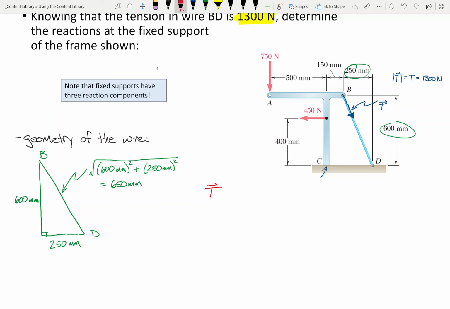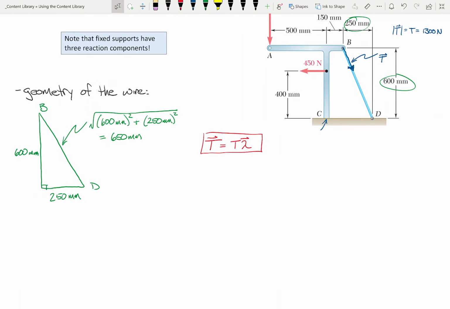The reason why I'm doing this is because I want to get this tensile force in an X and Y component. And so the way that I'm going to do that is I'm going to take the magnitude times the unit vector. I'm basically going to use this format that we've seen in the past. So how am I going to do that? Well, I'm going to take vector BD, from B to D. So let's think about this. If I'm going from B to D, I'm going to go a positive 250 units in the I direction, or in the X direction, so it's 250 times I, and then I'm going to go down 600 times J, okay?